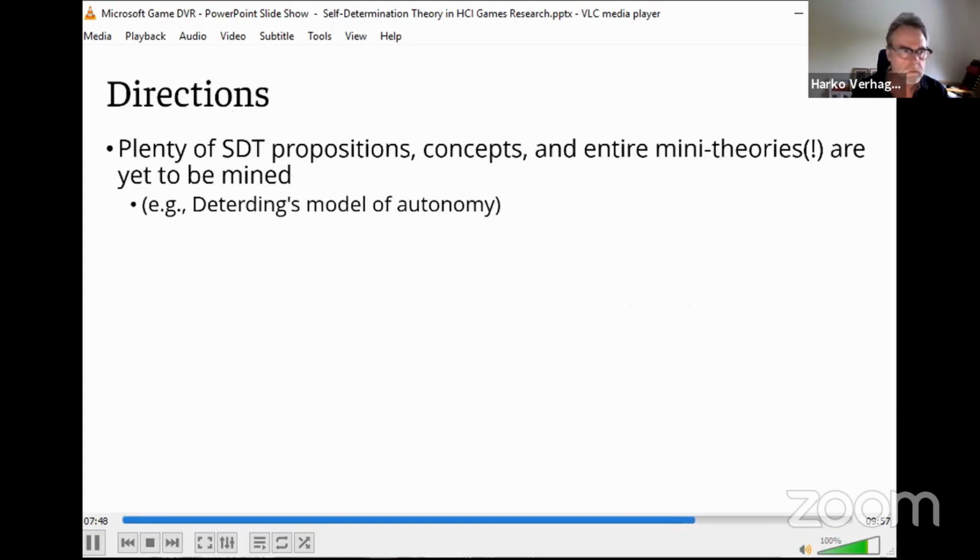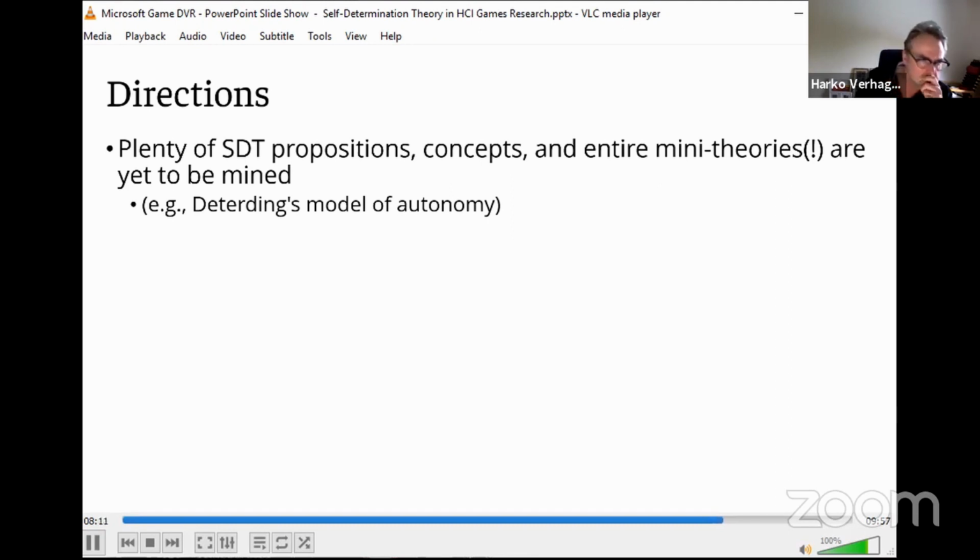So what does this review tell us about where we could go with self-determination theory? Well, there are dozens of propositions, concepts, and even entire mini-theories that are yet to be mined for content.